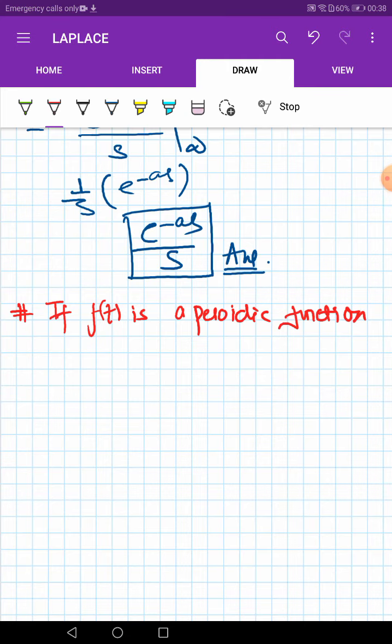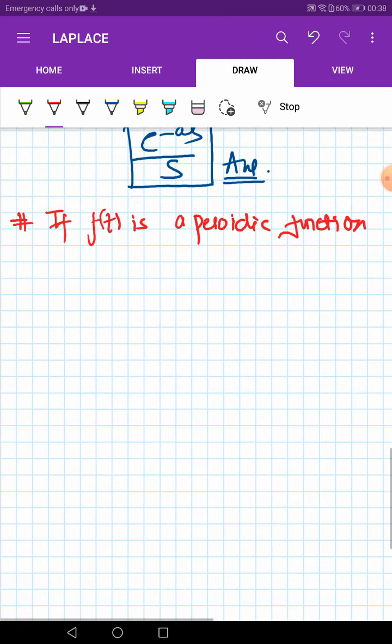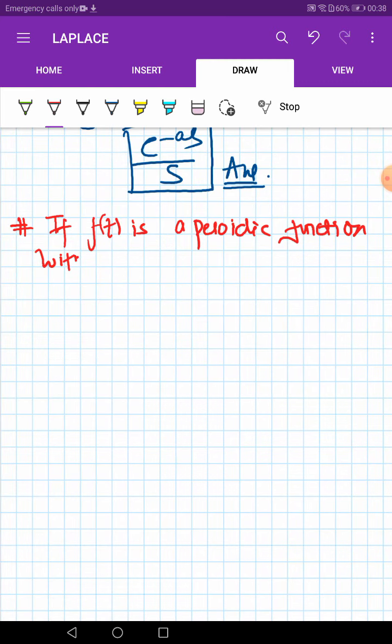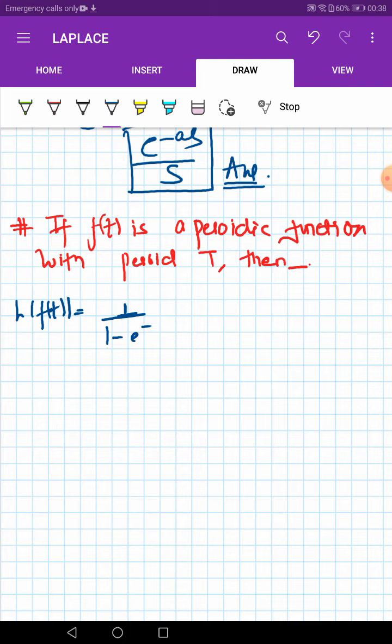So if f of t is a periodic function with period T, then its Laplace transformation, L of f of t, will be equal to 1 by 1 minus e power minus Ts, integration 0 to T e power minus st f of t dt.